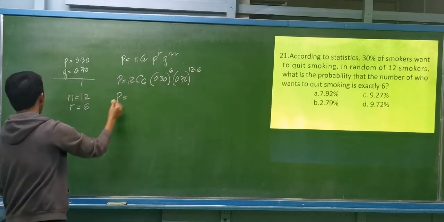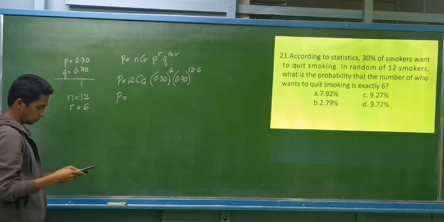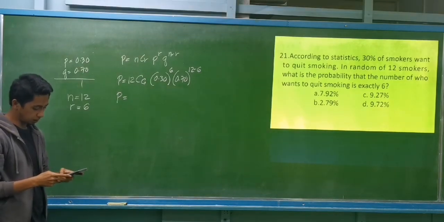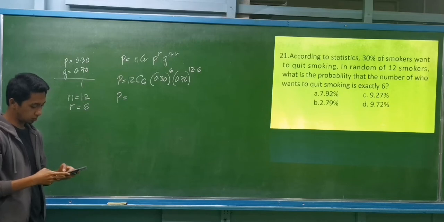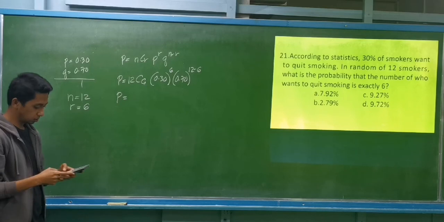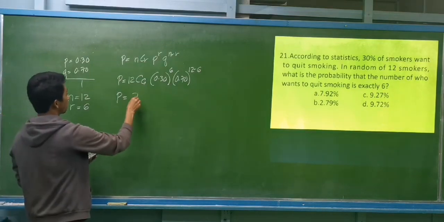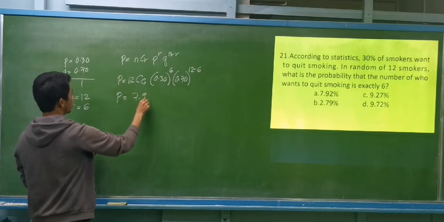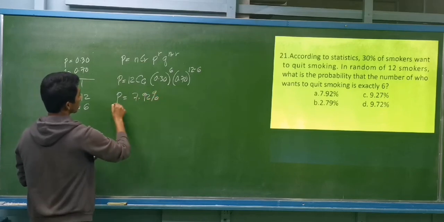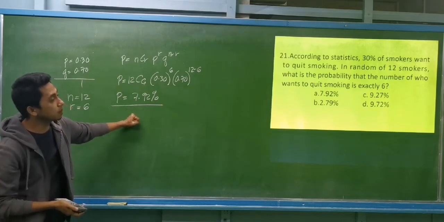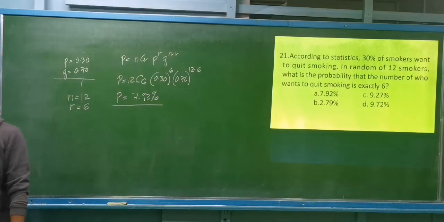Or yung probability, we have 12 combination 6 times 0.3 raised to 6 times 0.7 raised to 6 times 100. So this is equal to 7.922%, 7.92%, we have letter A.